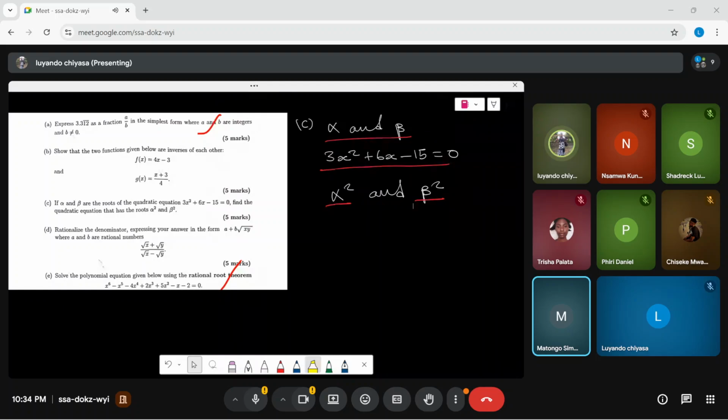Okay, so in order for us to find that equation, first what we need to find is alpha plus beta and alpha times beta, right?